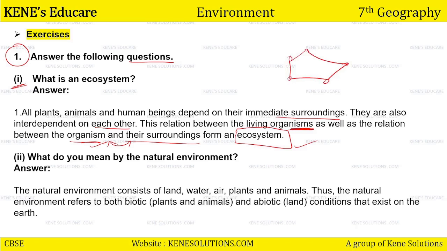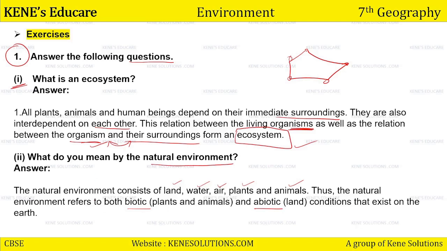Okay. Next part. What do you mean by the natural environment? Not the man-made environment, the natural environment. The natural environment consists of land, water, air, plants, and animals. Thus, the natural environment refers to both biotic and abiotic components. I told you that biotic means plants and animals, abiotic means land and so on.